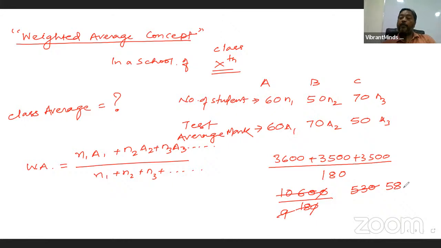Again we have 8. So 58.88 is the class average. What is the class average? 58.88. Is it clear, guys? Hello? Is it okay, people?